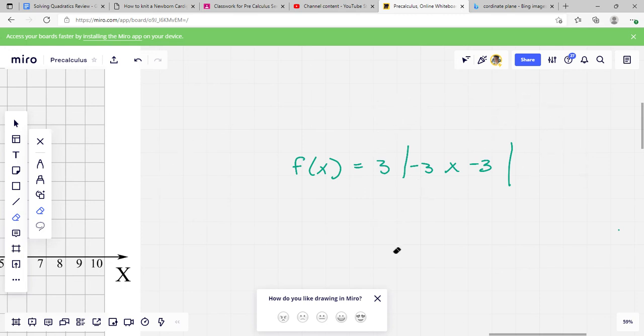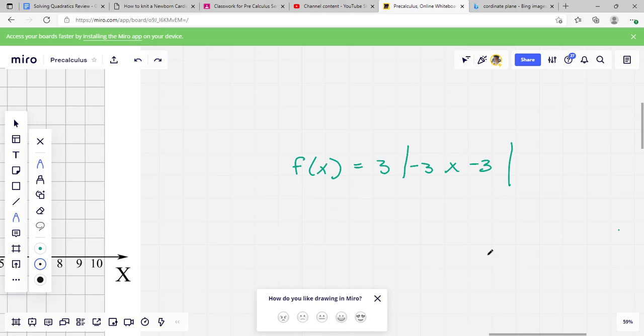And then our numbers are going to make more sense. If we had negative 3x minus 3, we have the common factor of 3 in there, right? So we can pull that out of the equation.